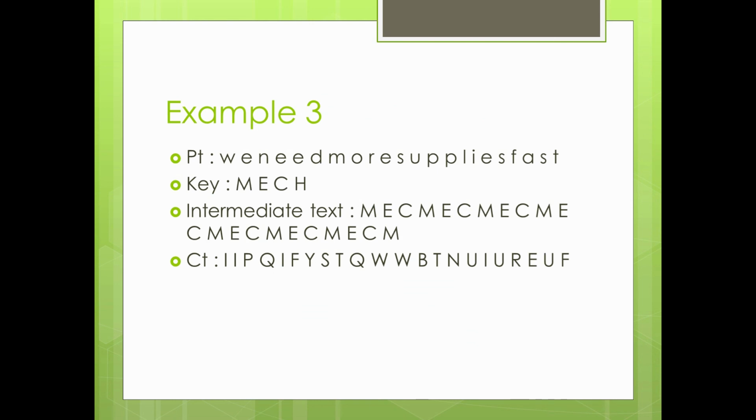So T and M actually gives us the intersection element as F. So as you can see, we have written the F here as the last cipher element of the cipher text. So you will have to do this for the rest of the elements also belonging to the plain text as well as the intermediate text, and arrive at the rest of the elements of the cipher text. So that is how you actually apply the polyalphabetic cipher to arrive at the cipher text.